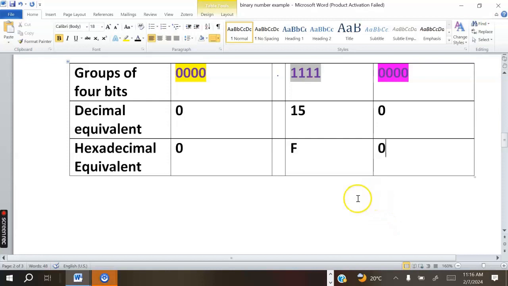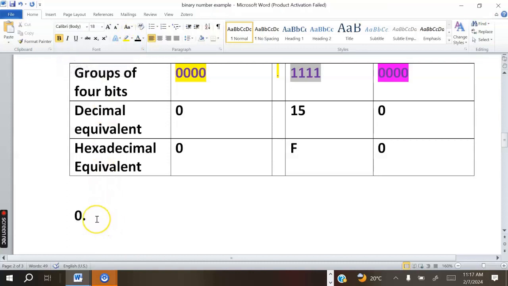Okay, having done that, the next step is now to write the answer, and our answer is supposed to be 0 point. Don't forget the point. This is the point where we have the point.